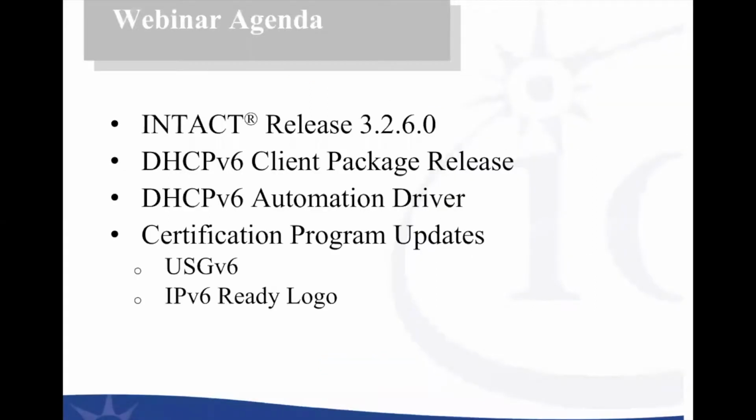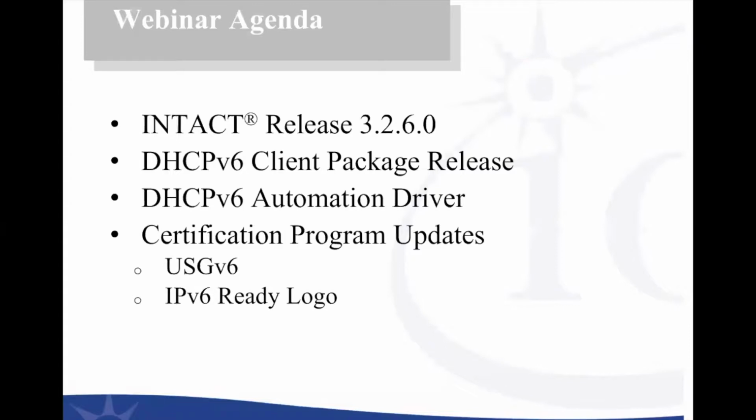First, we'll provide a brief overview of the upcoming INTACT release, which is number 3260. There are a few changes, features, and bug fixes that we've included in this release that we'll review with you. We'll also talk more in depth about the DHCPv6 client package release. This is a new protocol package that we've made available for INTACT, and there are some notes we'd like to share with you about this.